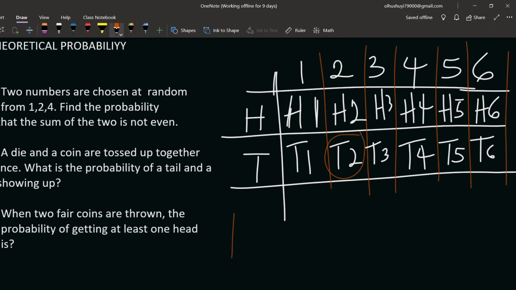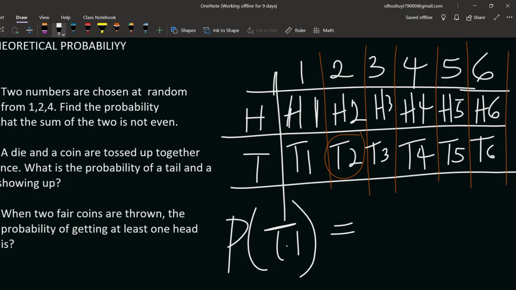So the probability of T2 showing will be equal to 1 upon the whole space. So we have 1 upon 12. That gives us our answer.